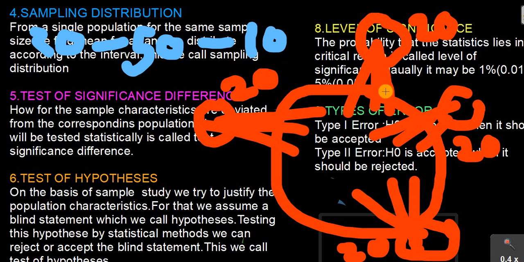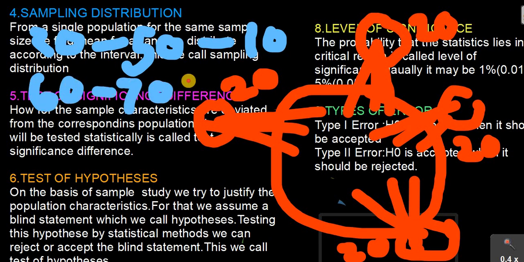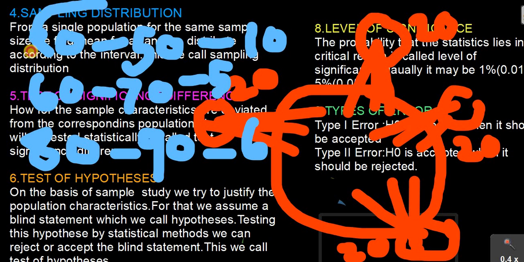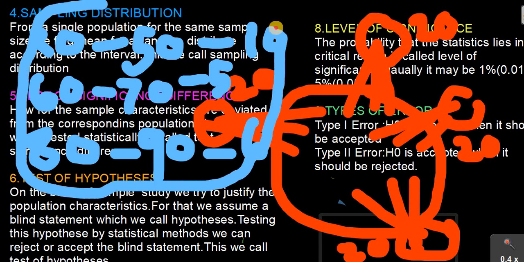Suppose between 60 and 70, some 5 means may be there, and between 80 and 90, the number of means lying in this region may be some 6, like that. So this particular distribution we call a sampling distribution.